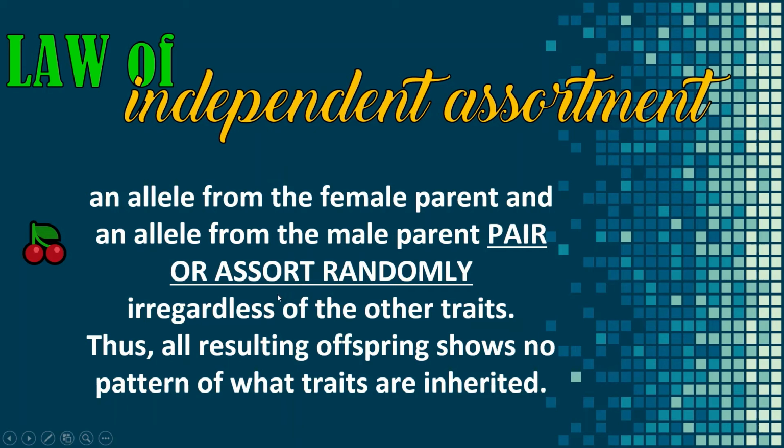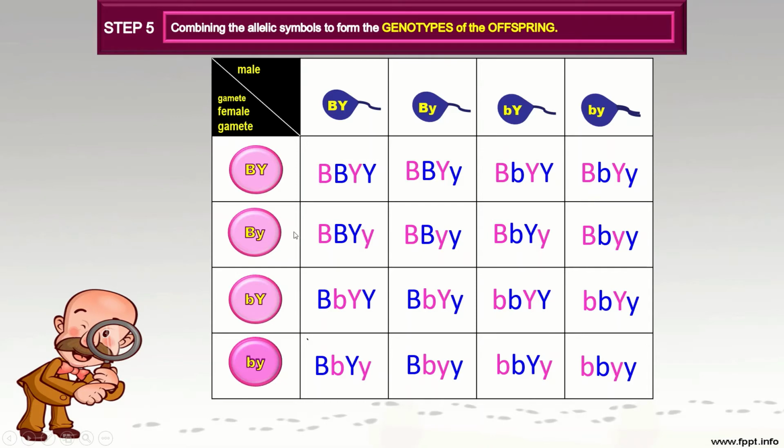And it results in offspring showing no specific pattern of inheritance. So in other words, this allele separates with this allele, and this allele separates with this allele, and they segregate in a different manner, in a random manner.